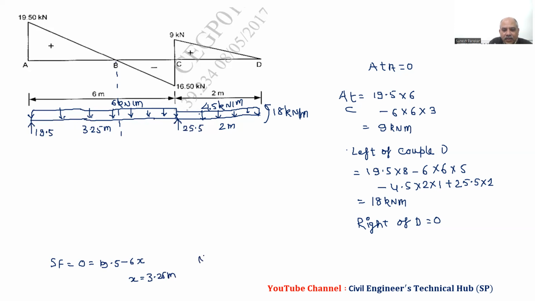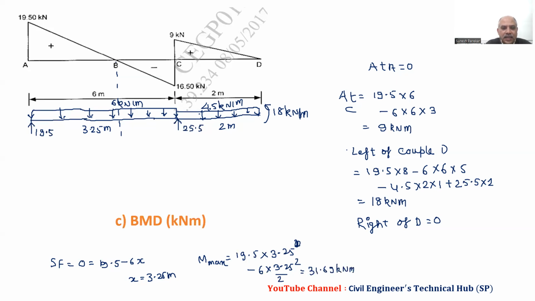And therefore M max we will get 19.5 into 3.25 minus 6 into 3.25 square by 2, and we have 31.69.